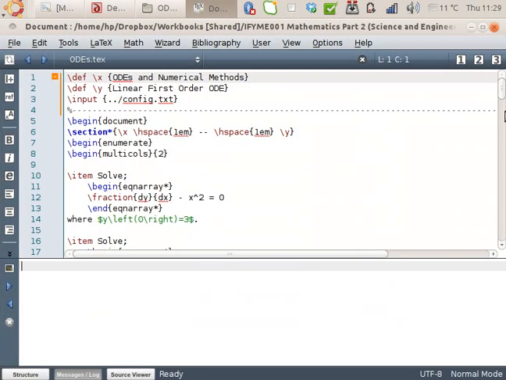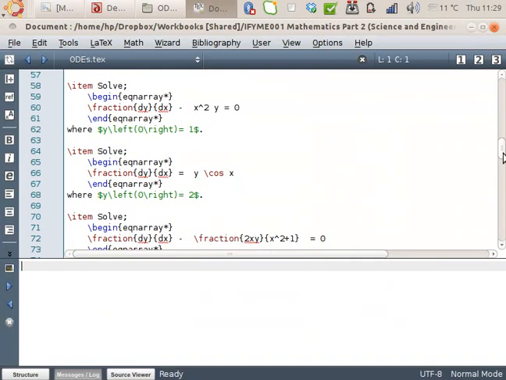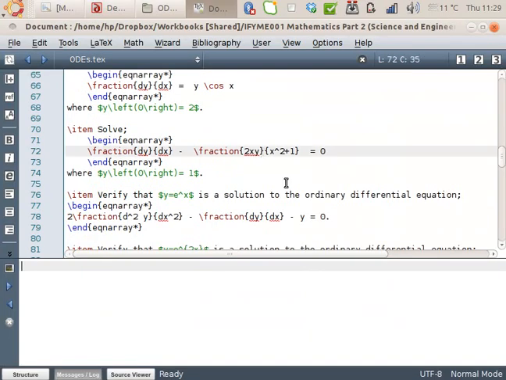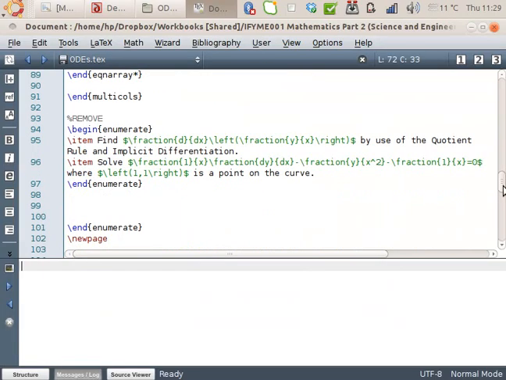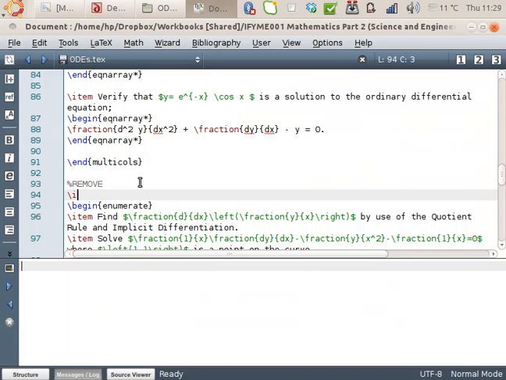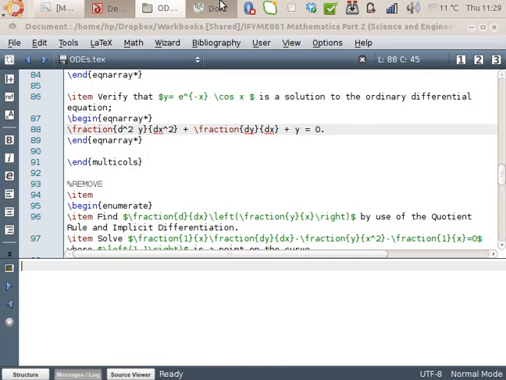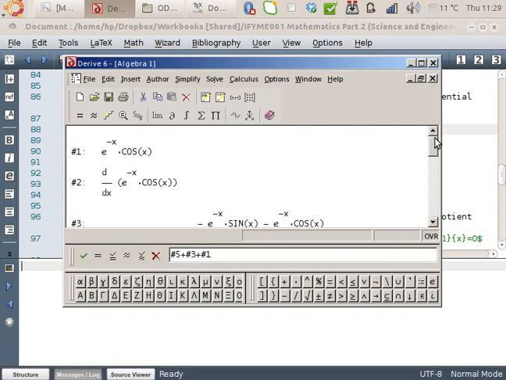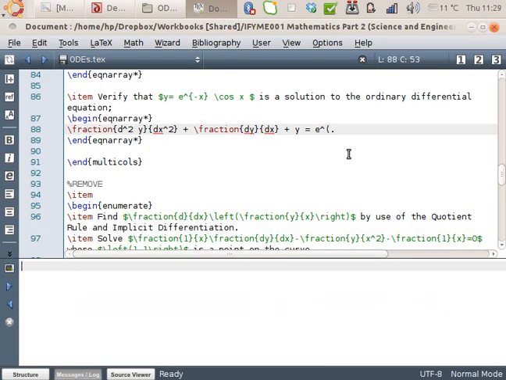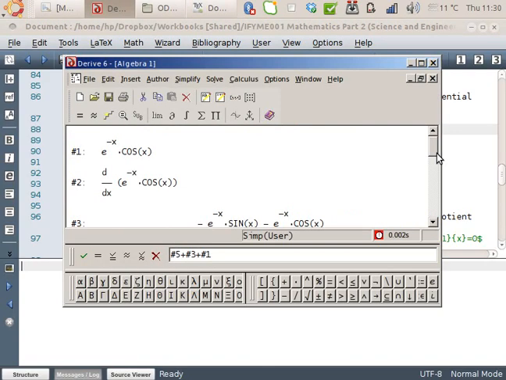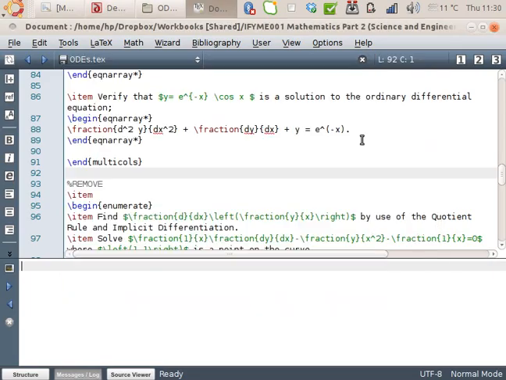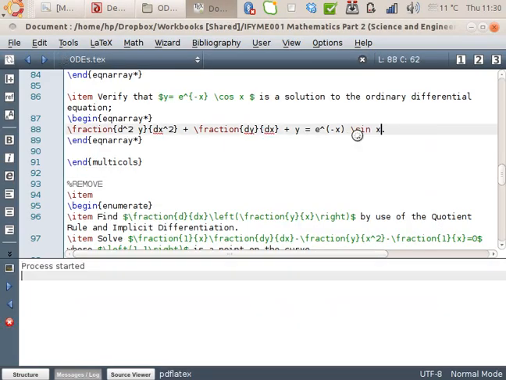I need to delete that 2x thingy, and then change the last one to e to the power of minus x sine x. Okay, now we'll start the next lesson.